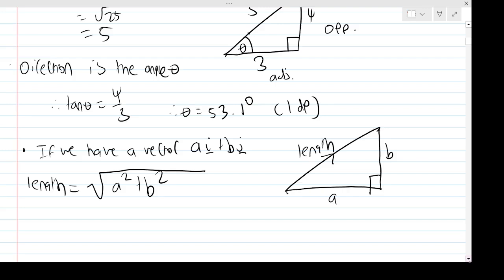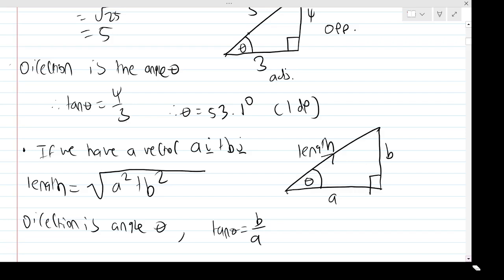And then the angle as well is theta. That will be the direction. You can find that by tan theta, which is the opposite over the adjacent, b over a.